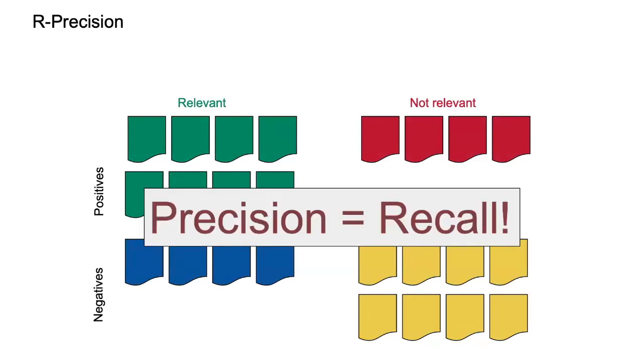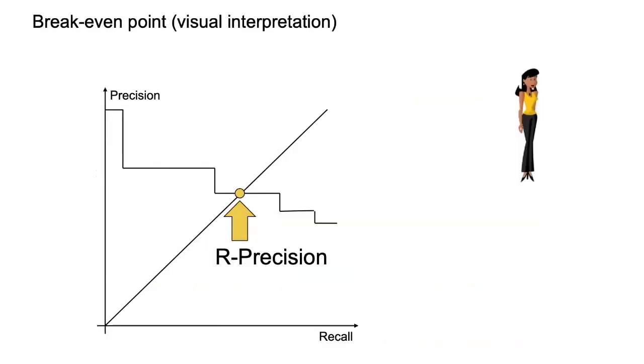So I would like to measure when that happens. In other words, I have my 11-point interpolation curve. I'm drawing the y equals x line. It intersects somewhere with my interpolated curve. That gives me what is called the R precision. I basically wait until the point that my precision is equal to my recall.